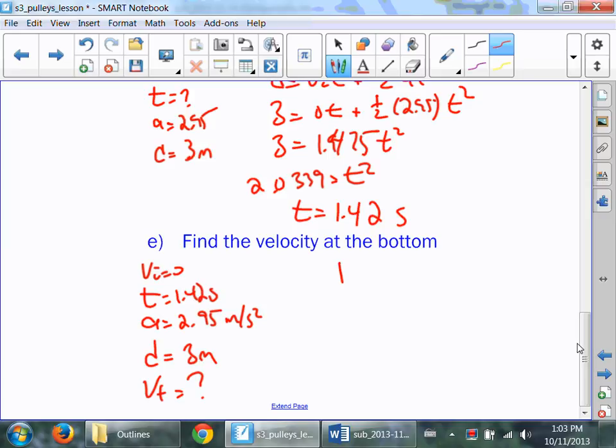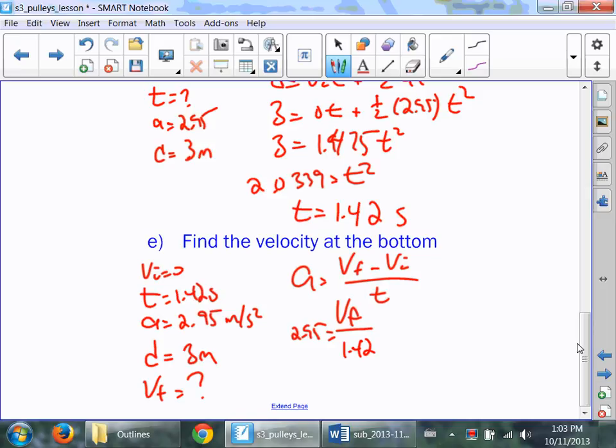Let's use acceleration equals VF minus VI over T. So that's 2.95, initial velocity is 0, so that's just going to be final velocity over time, which is 1.42. Final velocity is going to be 2.95 times 1.42, and that's 4.19 meters per second.